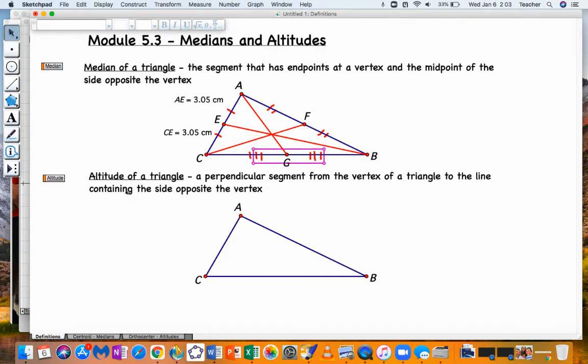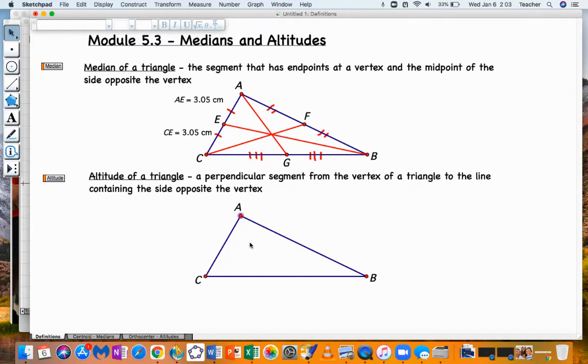Okay? Altitudes, it is what it sounds like. You've probably heard altitudes when trying to find the area of a triangle. An altitude is a perpendicular segment, and in previous lessons we've talked about what perpendicular means: it's got to be 90 degrees. It's a perpendicular segment from a vertex to the line containing the side opposite the vertex. It's the same idea as with median.